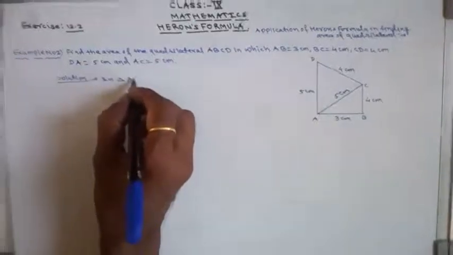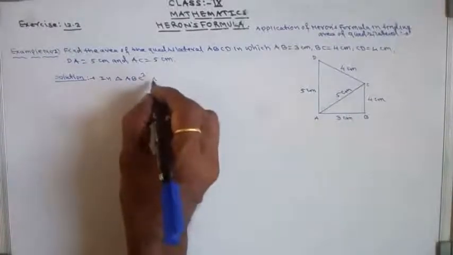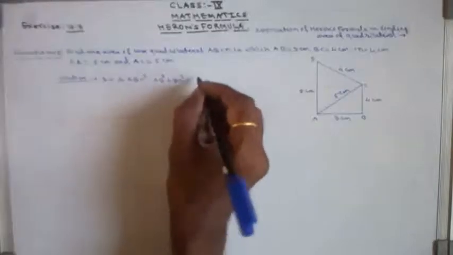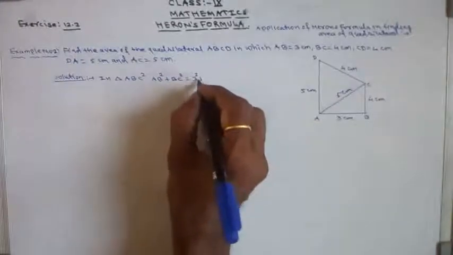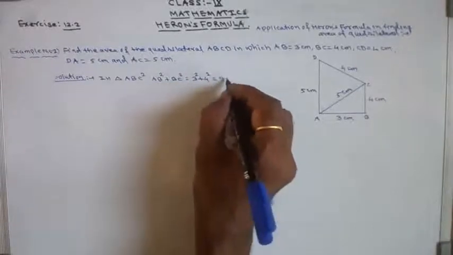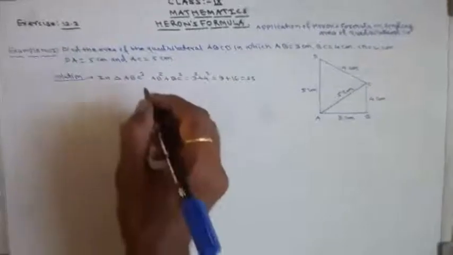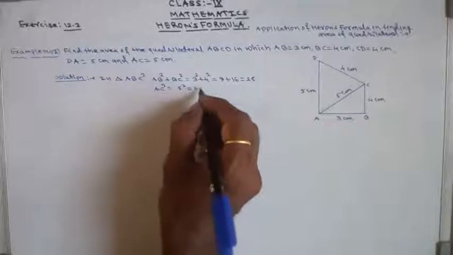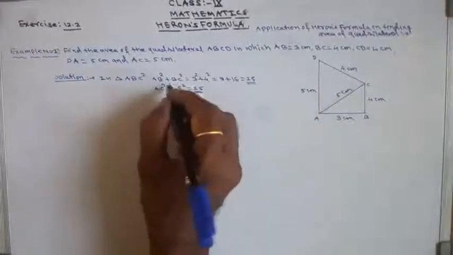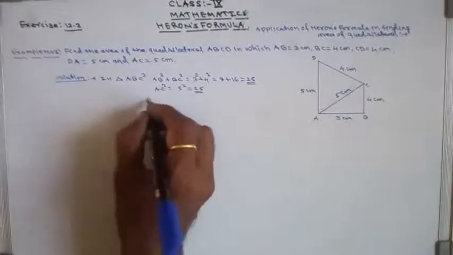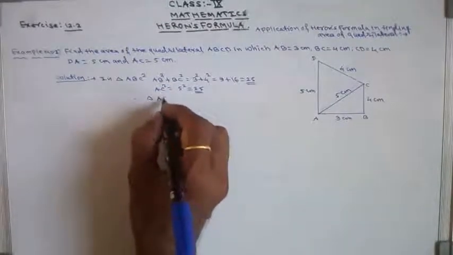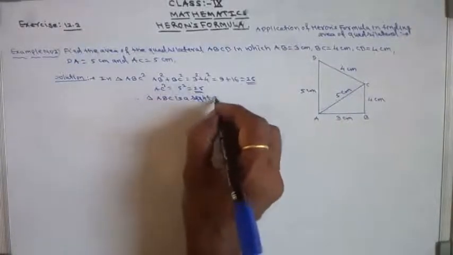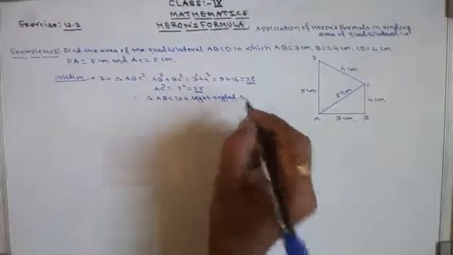In triangle ABC, AB square plus BC square, that is 3 square plus 4 square, 9 plus 16, that is 25, and AC square is also 5 square, which means 25. So here AC square equals AB square plus BC square. Therefore, triangle ABC is a right angled triangle.